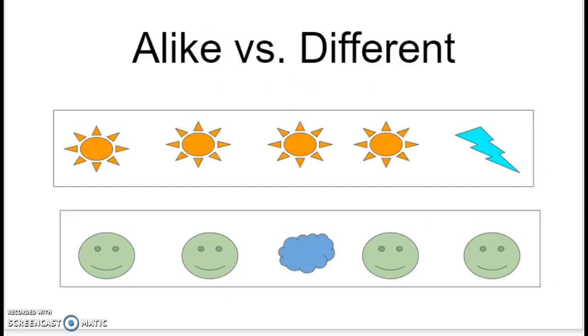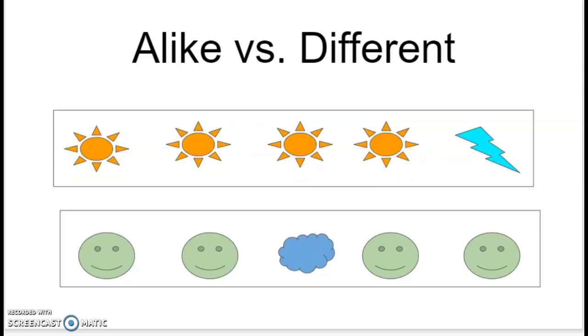So let's look at the first thing, alike versus different. When I look at the items in this box right here, I see there's 1, 2, 3, 4, 5 shapes or icons, and I see that 4 of them are exactly the same.